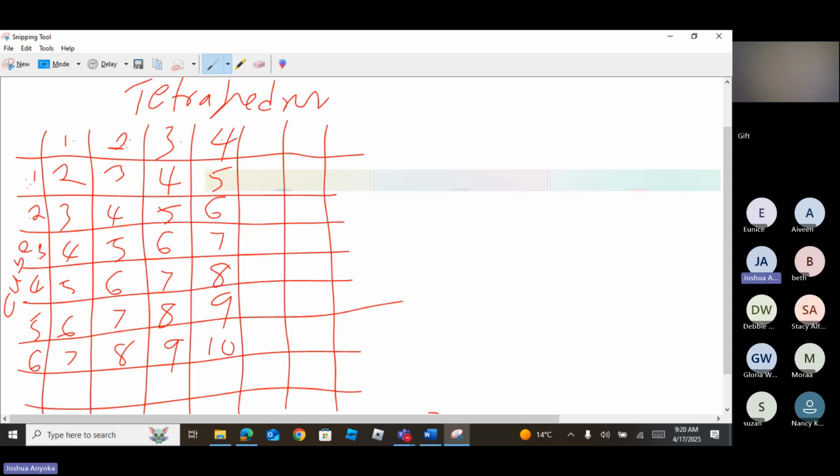Eunice? Yes. Question B. Find the probability that the sum is 6. The sum is 6. Probability that you are going to get a 6. So probability of getting 6 is getting these ones.